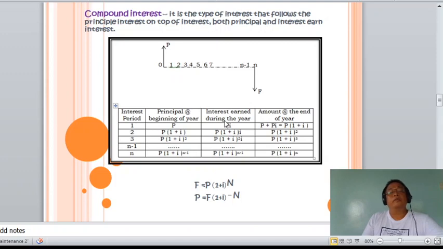The third column is the interest earned during the year. And the last column is the amount at the end of the year. Okay?